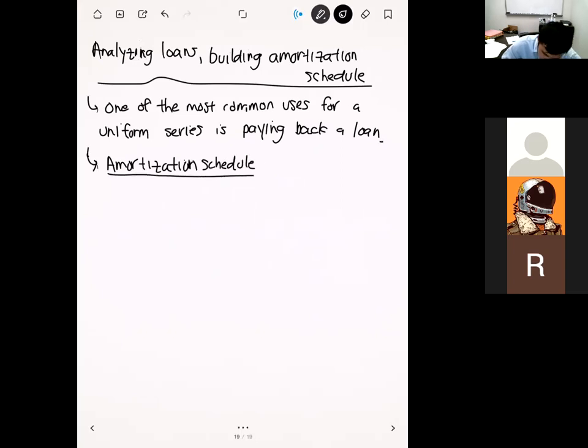Basically, an amortization schedule is a spreadsheet, or a table, that keeps track of basically everything you need to know about a loan.